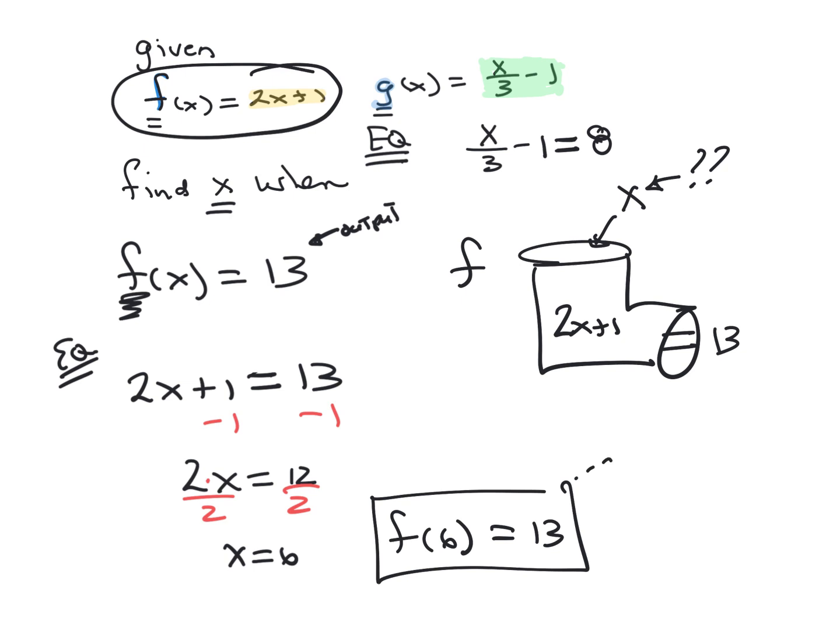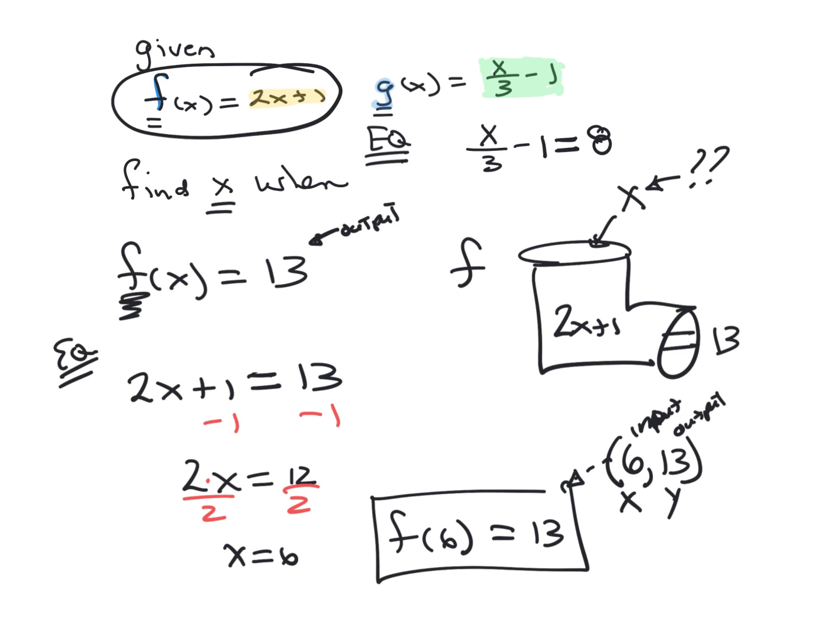And if we wanted to, we could actually write this as 6 was going in, comma 13 was coming out. So we can also use what's called an ordered pair to write the input and the output. So the x is the input, and what's coming out of the machine is the y. So we can also write it the same way.